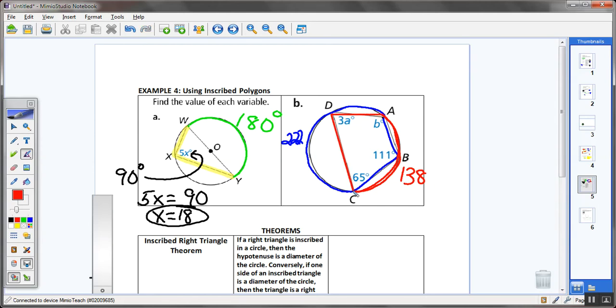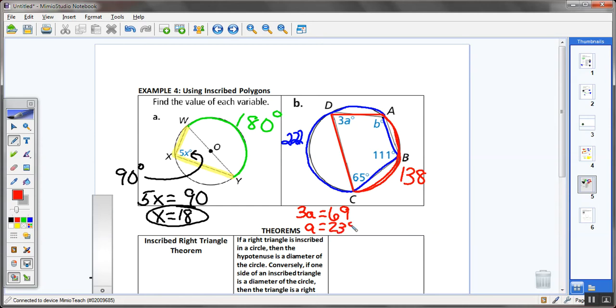So wouldn't 3A be half of 138? What is half of 138? Oh, I'm so wrong. Wow. 69. So what's that make my A value, kids? 23. So A is 23.